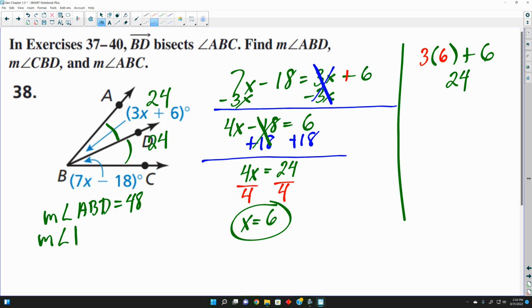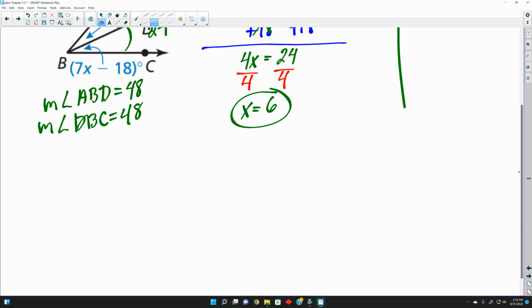The measure of angle DBC, I am writing, because this should be 24, this should be 24, and the measure of angle ABC, yes, 48.